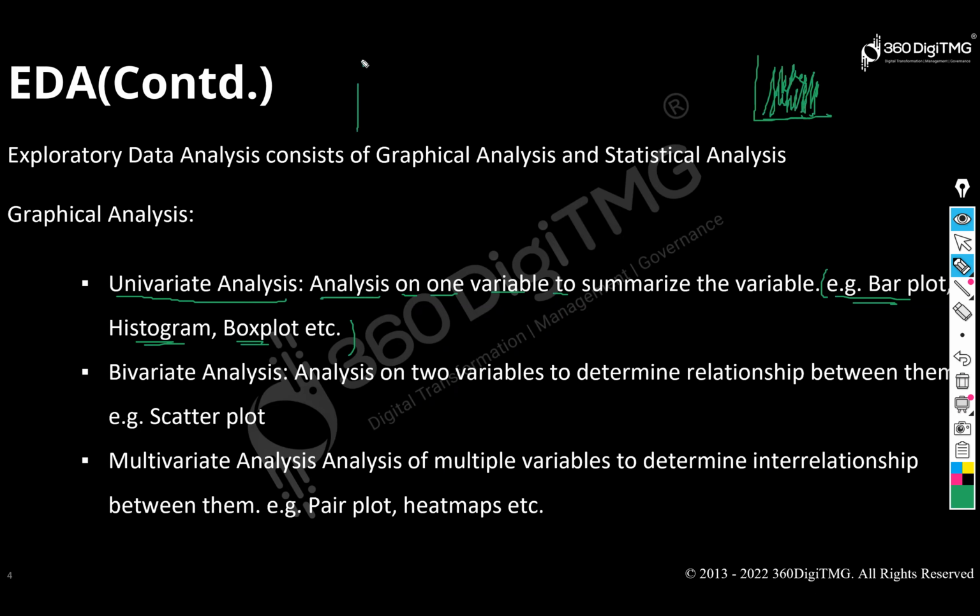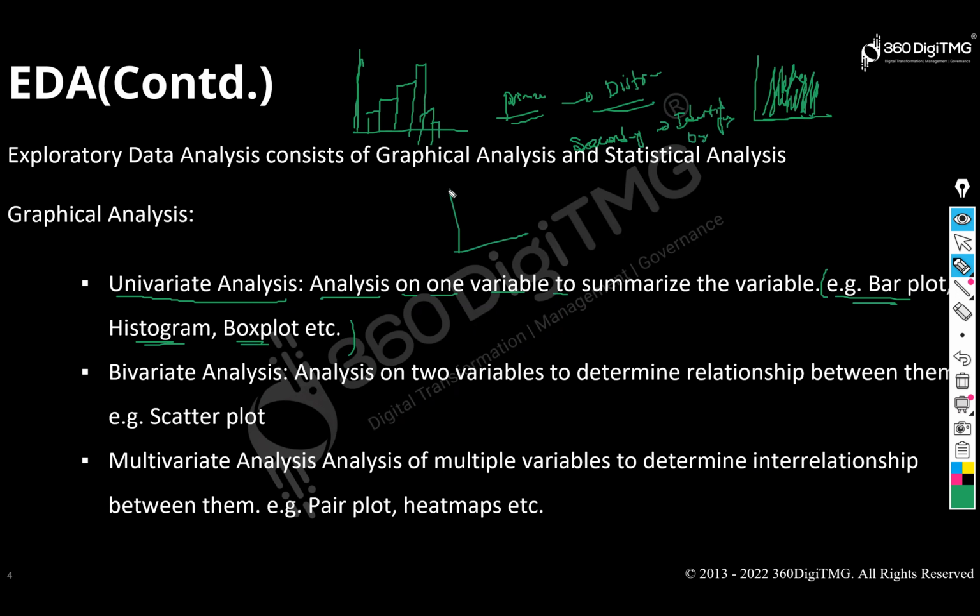When you take the histogram, the primary purpose is to provide the shape of the distribution: skewed or not skewed, left or right, normally distributed or not. The secondary purpose of histogram is to identify outliers.